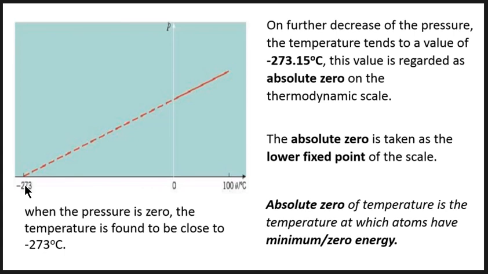So if there's not going to be any further pressure that can be accommodated, it simply means that at this temperature, absolute zero, I'll definitely be having the lowest energy, minimum or zero energy, because no more energy can be accommodated or exerted.